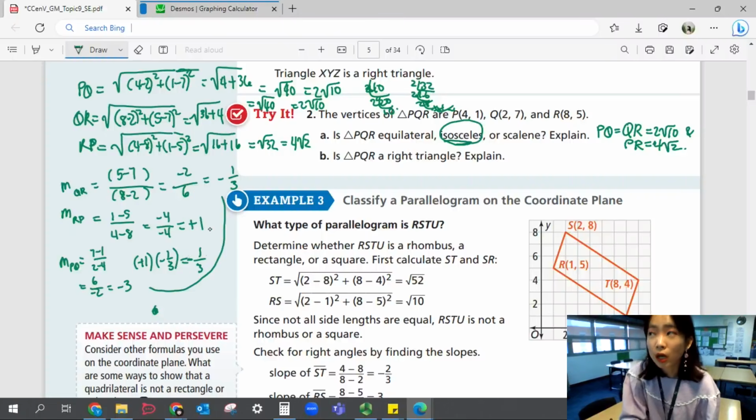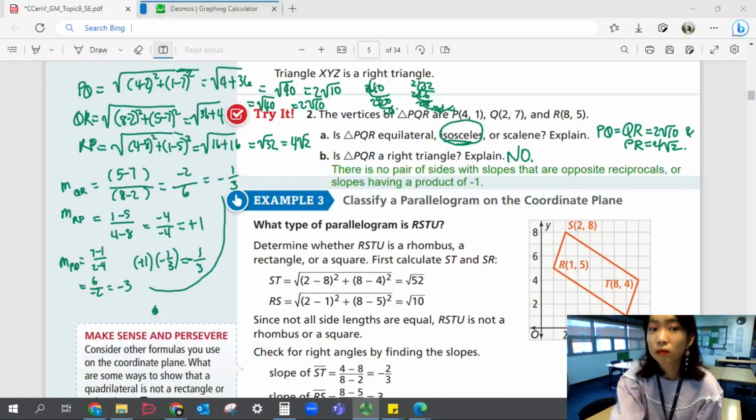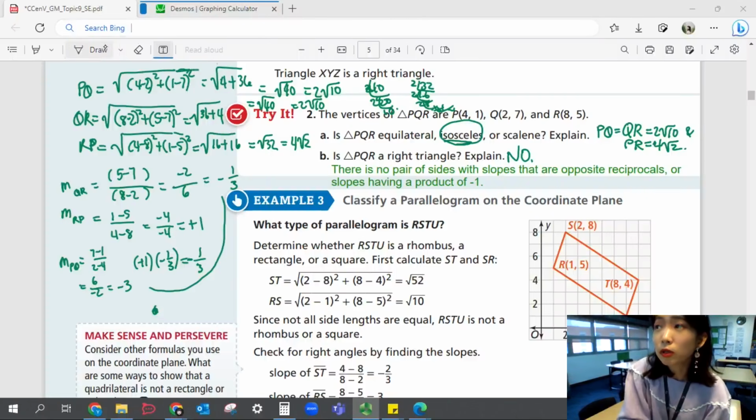So they still are not perpendicular to each other. So no, because there are no pairs with slopes having a product of negative 1. So here we go, write this down. There are no pairs with slopes that are opposite reciprocals, or slopes having a product of negative 1.